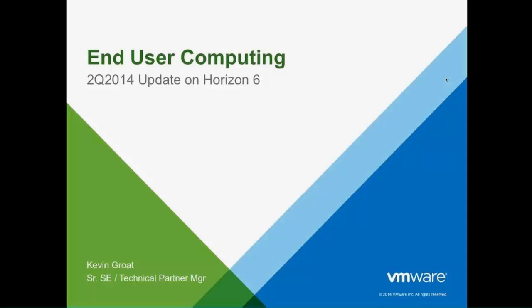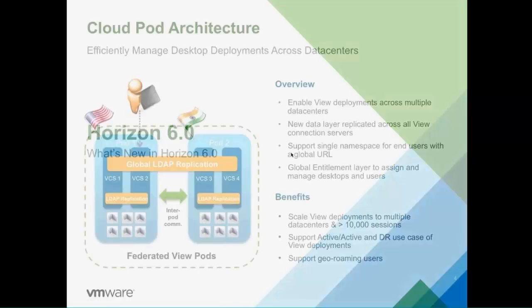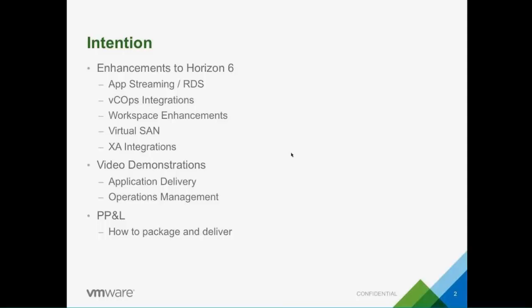Things that we're going to be looking at in Horizon 6 today: some of the new enhancements. We're going to talk about one that's on the tip of everybody's tongue, application streaming, RDS hosted applications.